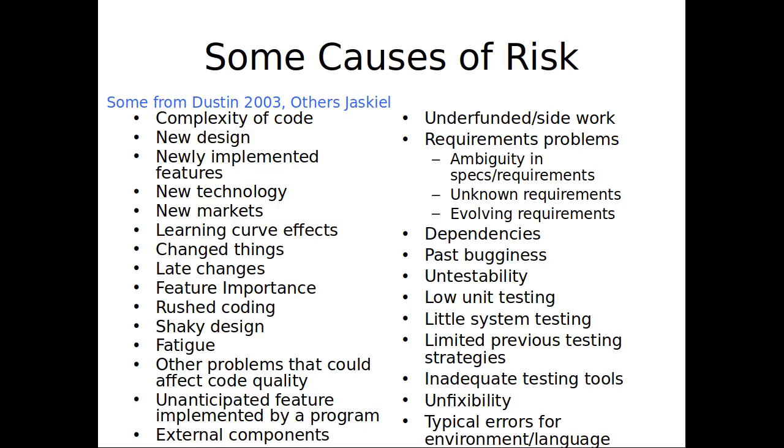It was created in a fatigued time, like just before the last deliverable was due, the night before, and you know that the people who created it were working long hours, etc. Past bugginess. This area has been seen to be buggy in the past.